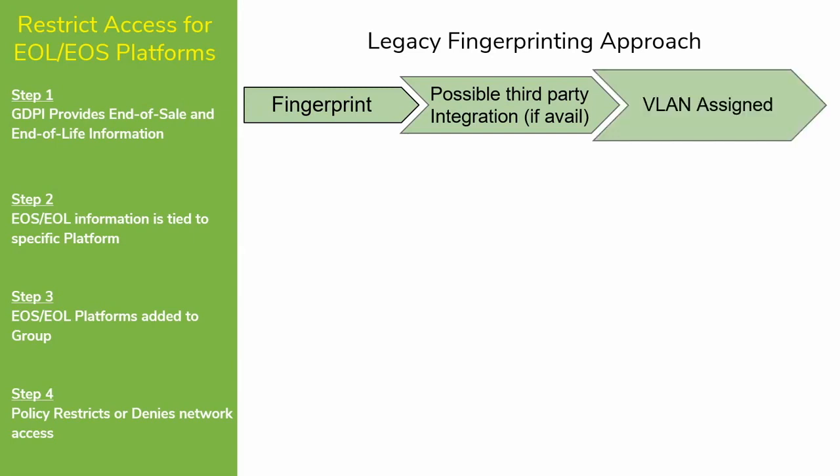Then a VLAN is assigned, which doesn't provide any detailed restrictive action for the devices, and also it doesn't really follow the device around if it roams. This also requires network integration and integration with switches or wireless controllers and access points.